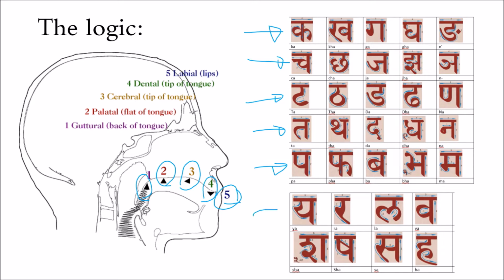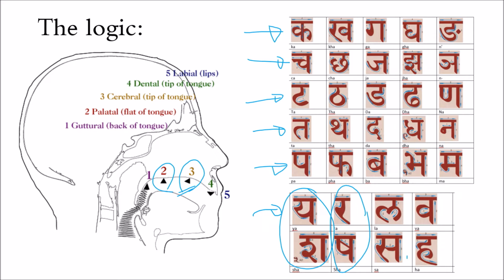And then there are these consonants, ya, ra, la, va, sha, sha, sa, ha. Here also the ya and sha are palatal, or talavya, talu. They need this number 2 position, right? And for ra and sha, the position is this murdha, cerebral letters.